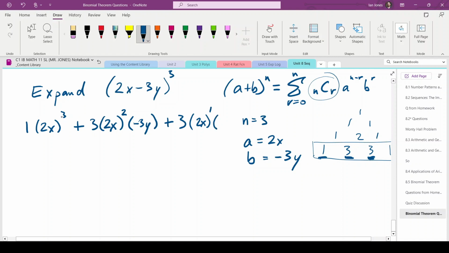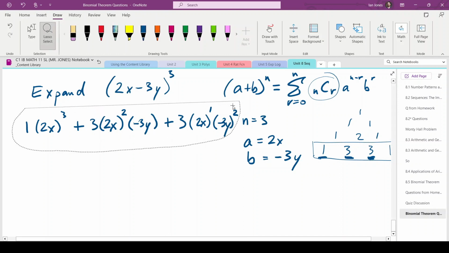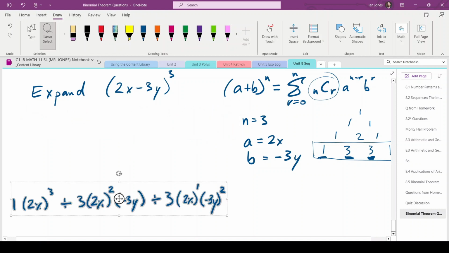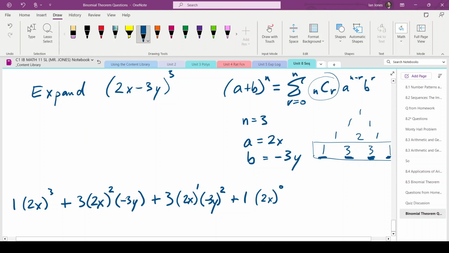I'm just walking these down, 3, 2, 1, and negative 3 squared. And then my last term, and I'm just going to pull this down here so I have a little more space. My last term is a coefficient of 1. My a term, I don't really need it anymore because it's to the exponent of 0, and anything to the 0 is 1, so I don't need that. And I'll put in my last term here, negative 3y cubed.